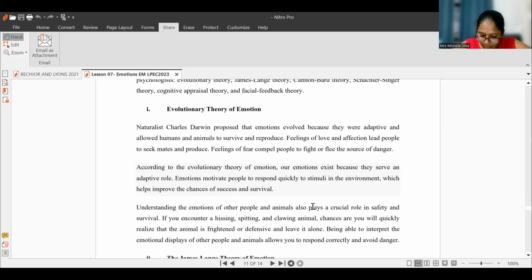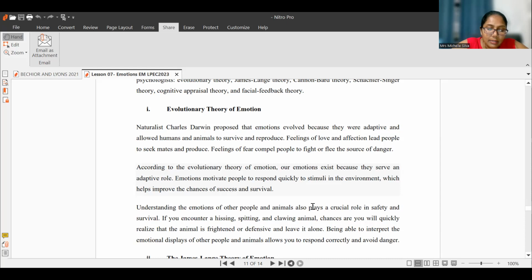So they said that emotion helps us to adjust to changes in the environment.